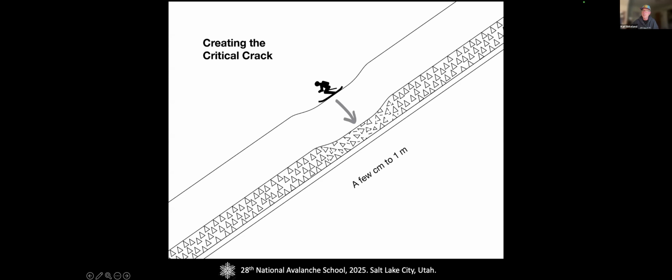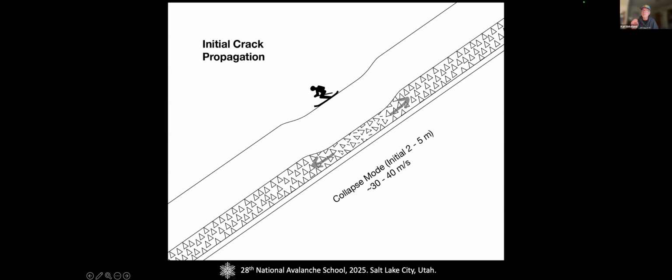So if you reach that critical crack length, then we get this first stage of crack propagation. And that initial crack propagation phase happens in collapse mode. So that crack propagates outward for that first 2 to 5, maybe 8 meters in collapse mode, even on a very steep slope. It's still happening in this collapse mode.